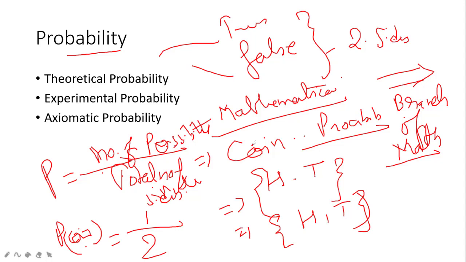In mathematics, the probability is an event within the sample space, up to 1.